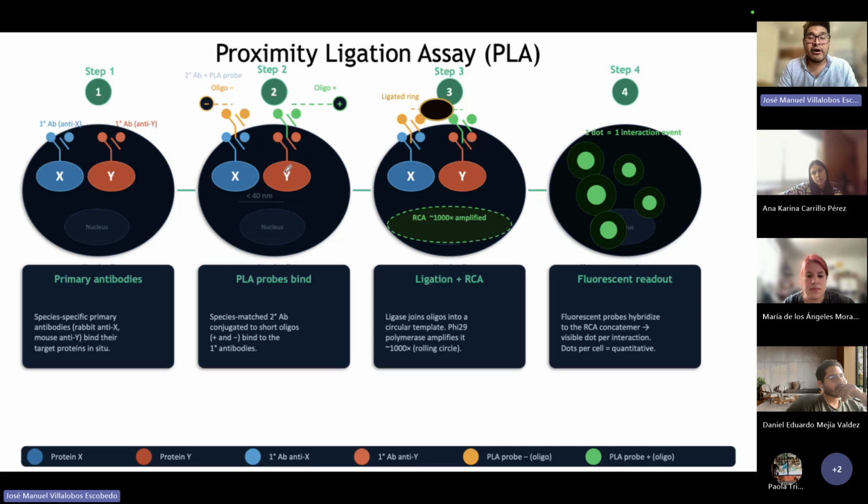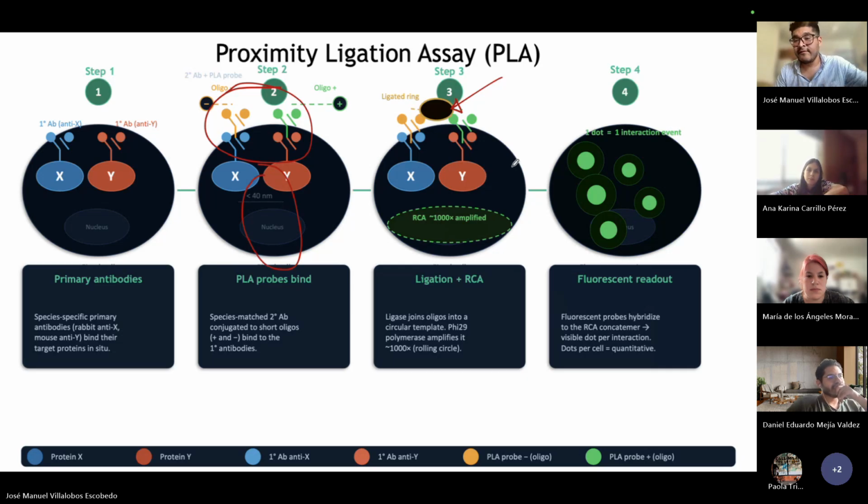And here you use antibodies, and if they are close together, they can produce a fluorescent signal, and you can detect this interaction by watching fluorescence in the microscope. That is very, very cool. For example, one of them is a FISH experiment. I don't know if you know about this experiment. FISH is very nice to describe interactions in proteins.